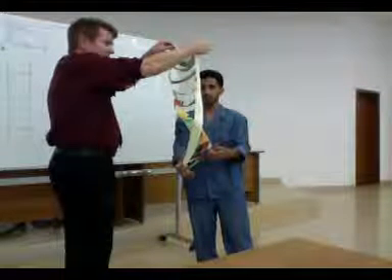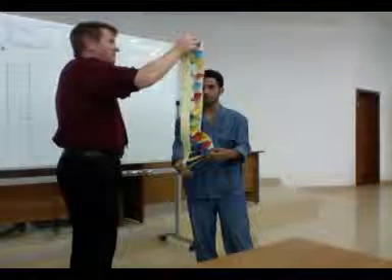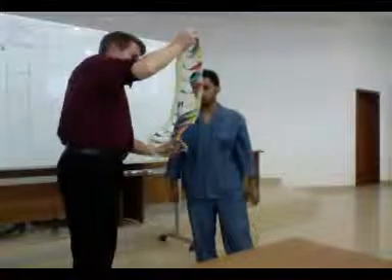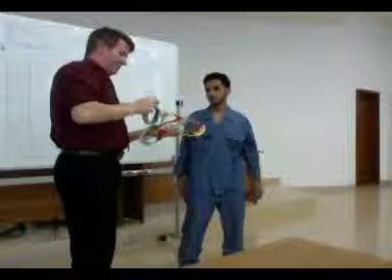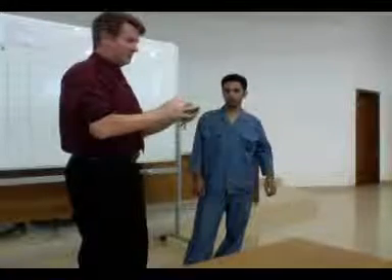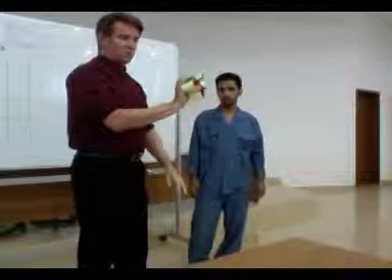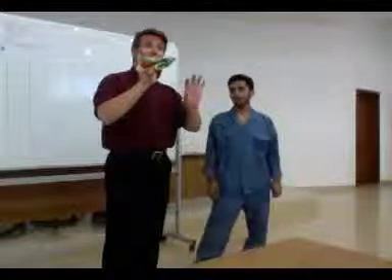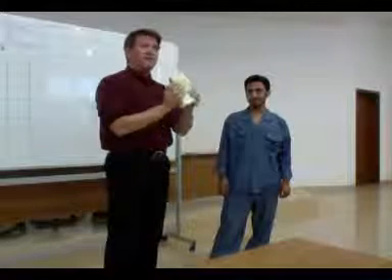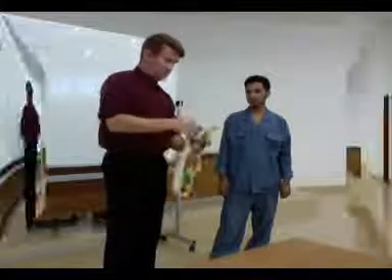Now, one of the advantages of this twisted structure is it can collapse into something very, very small. So when it gets rolled up, it's a really long string, but it can fit into a really small space.